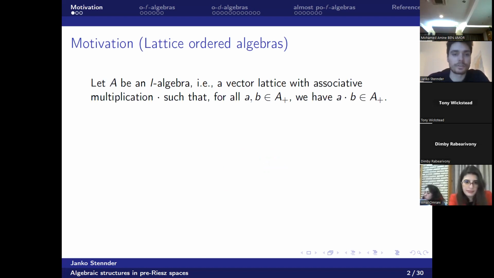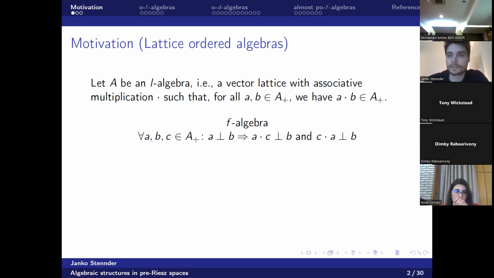We want to call some vector lattice A an l-algebra if it's a vector lattice with some associative multiplication such that the product of two positive elements is always positive as well. And there are some special kinds of lattice ordered algebras. I think most of you will know them.